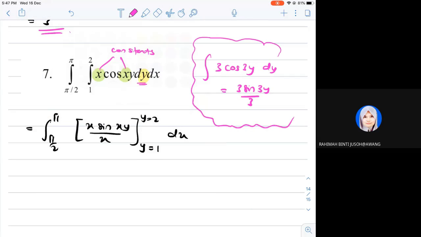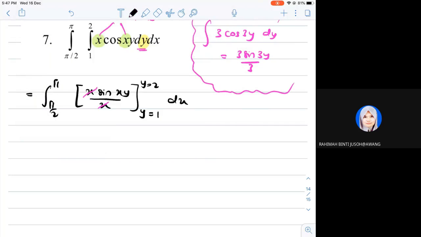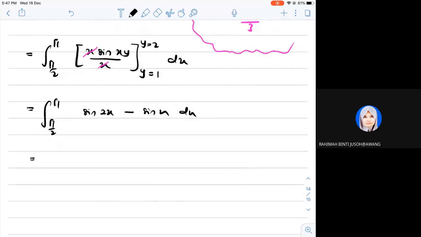Okay, so right now you can cancel this. So we just substitute y, pi over 2 until pi, sin x darab 2, so jadi sin 2x, minus y equals to 1, so sin x dx. So we just need to integrate this, integrate sin dapat apa?